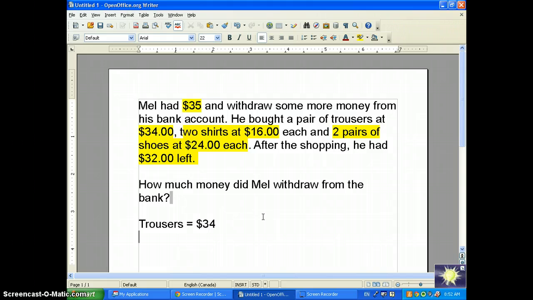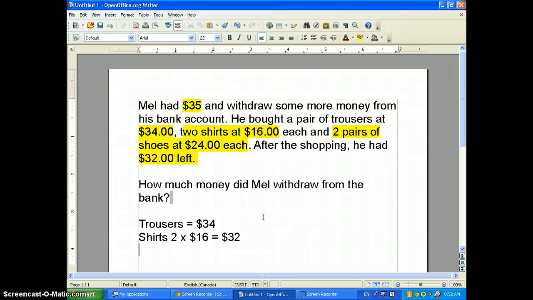For the two shirts, I'm going to put shirts here. You bought 2, so that's 2 times 16, because he spent $16 per shirt. 16 plus 16, or 16 times 2, is 32.